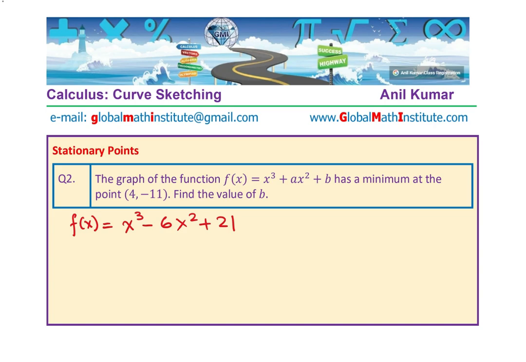We just figured out that the graph of this function looks kind of like this, and it's given to us that there is a minimum value. This minimum value is at 4, minus 11, correct? But we can see that there is also a maximum value, at p and q, right? There is a maximum value also.